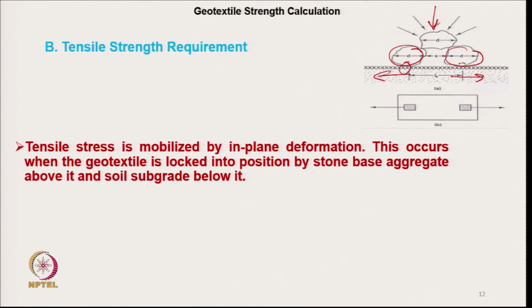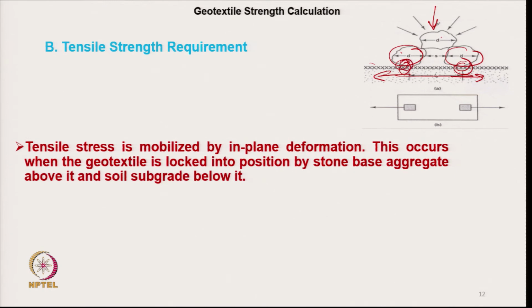Here it is locked by the stone base, which is the stone base aggregate above it. So, this is the geotextile, and the stone base aggregates are above the geotextile, and here the geotextile is locked, and below there is a subgrade soil.